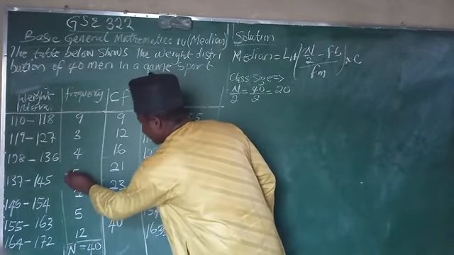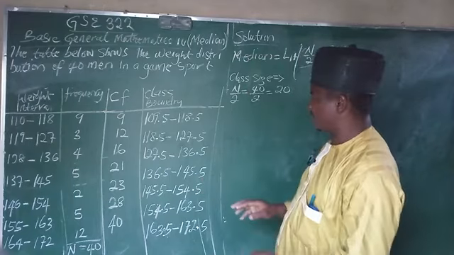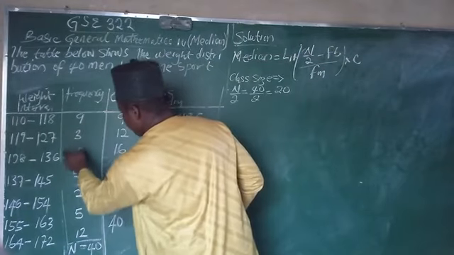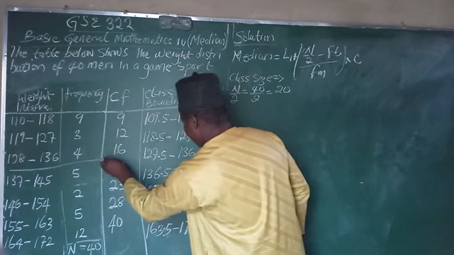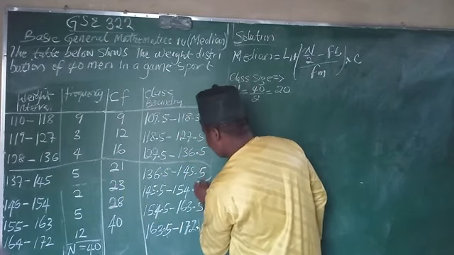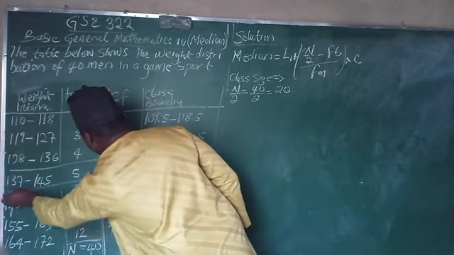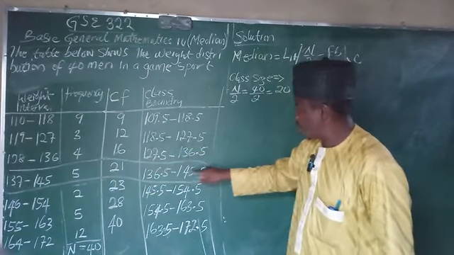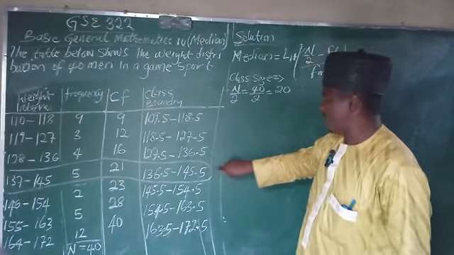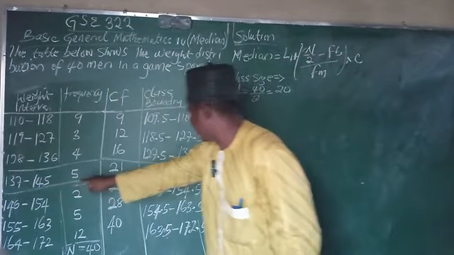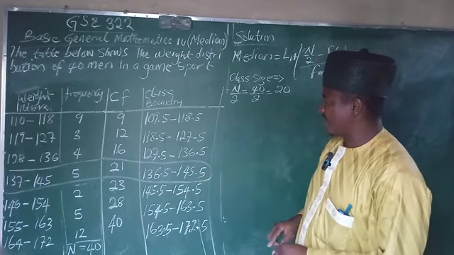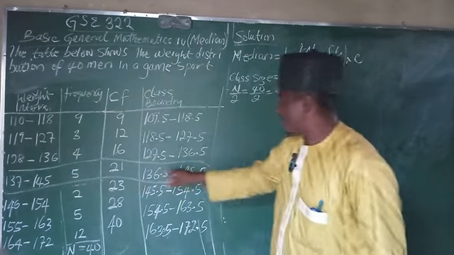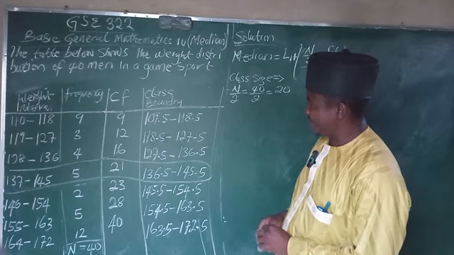So the whole of this is our median class. All the values that belong to this belong to our median class.